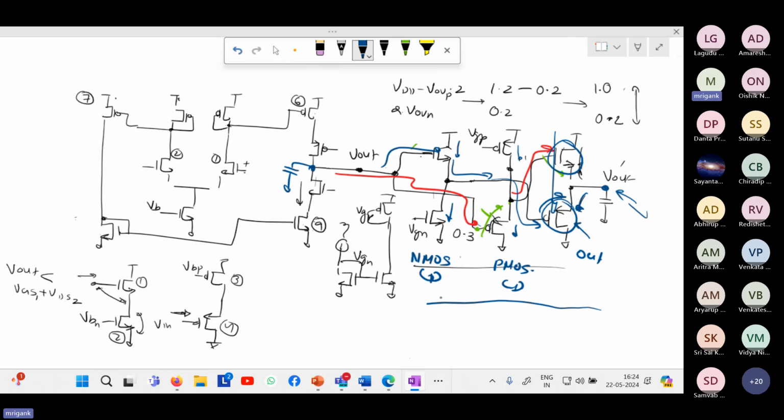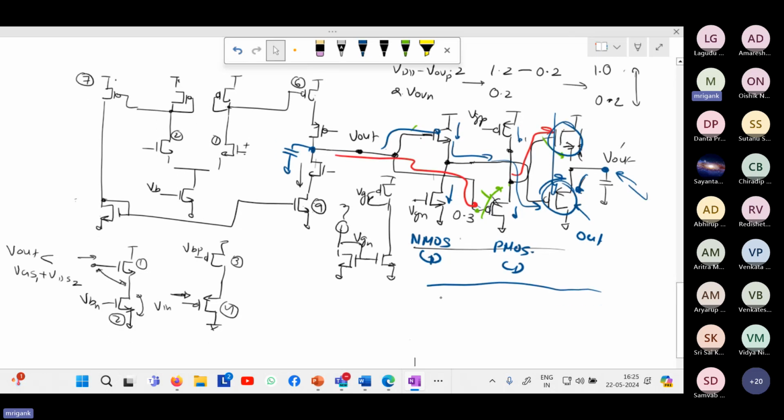In these overall 2 stages, the gain of the common drain is close to 1, but not exactly 1, right? So it reduces depending upon how good the gm is. If the gm is high, then the gain will be close to 1. If the gm is not so good, then there will be a reduction in the gain. So it depends upon the gm of the 2 stages also.